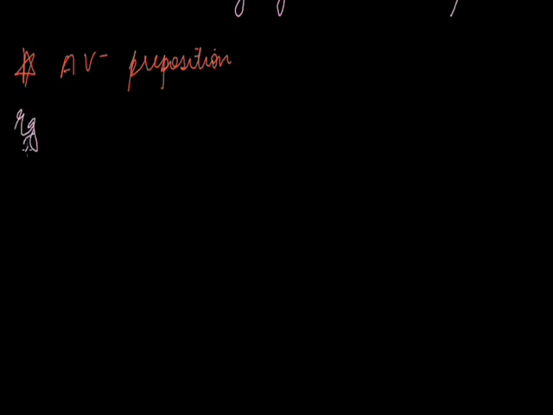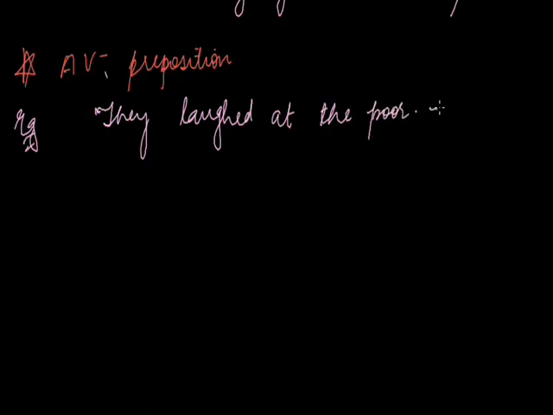For example, they laughed at the poor. Now, it is in your active voice. This sentence has the preposition at in it. So you need to use that same preposition in your passive voice. So its passive voice can be made as: the poor was laughed at.